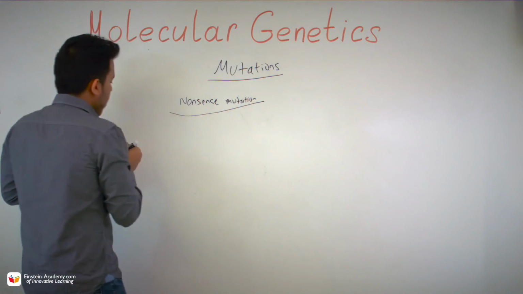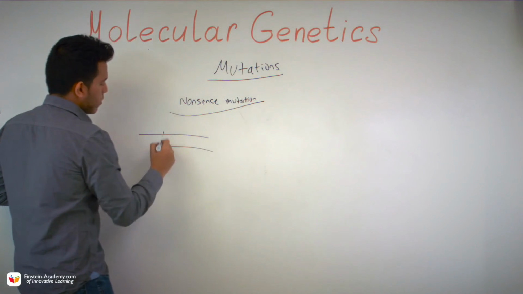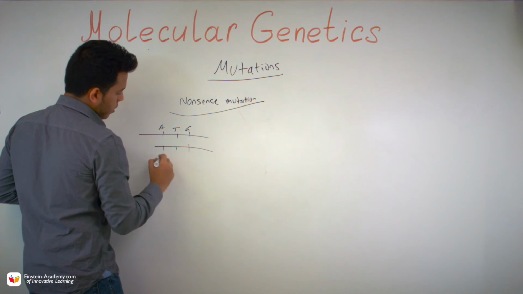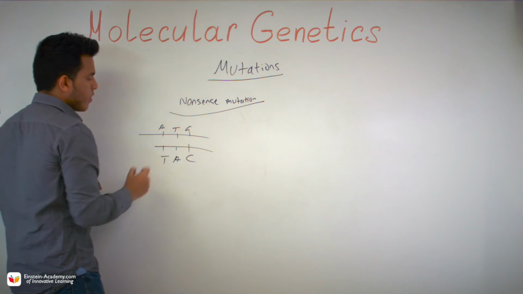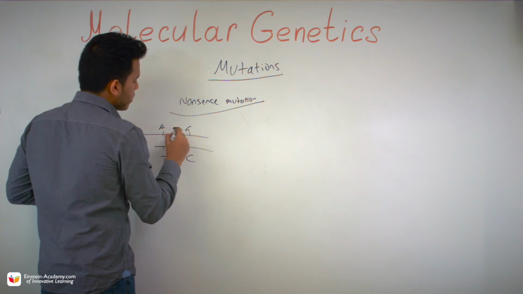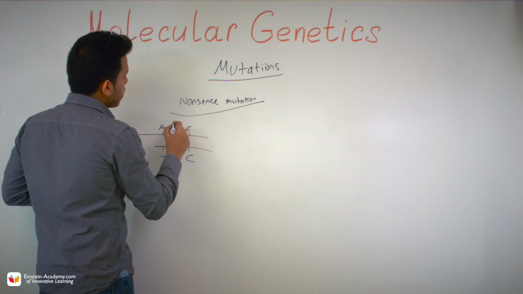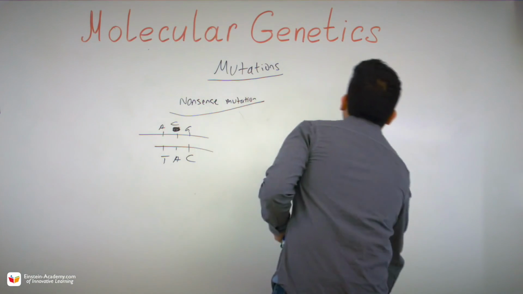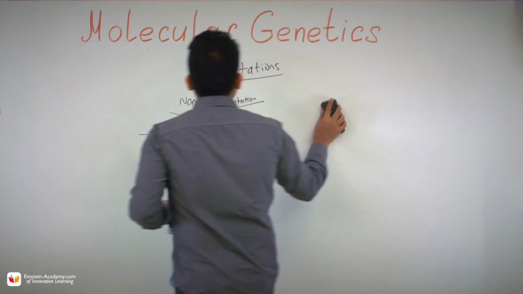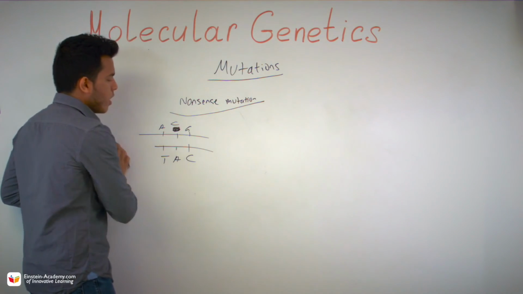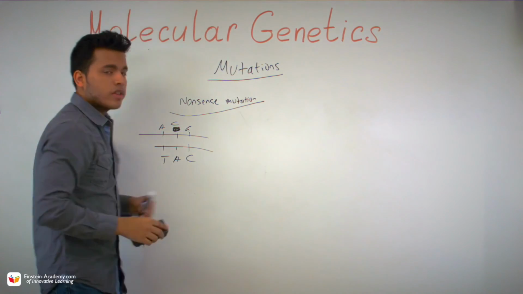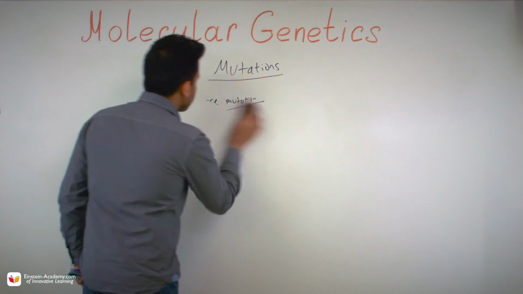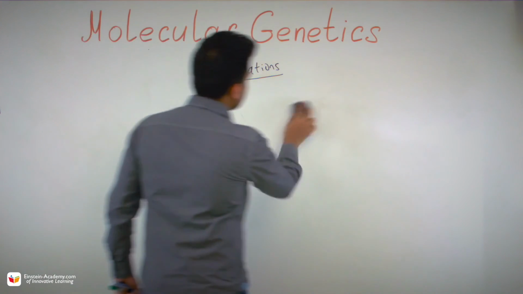Instead of having ATG, TAC, instead of having T, I'm going to substitute it for C. What happens when we substitute it? Nonsense mutations usually lead to a stop codon. Remember that.